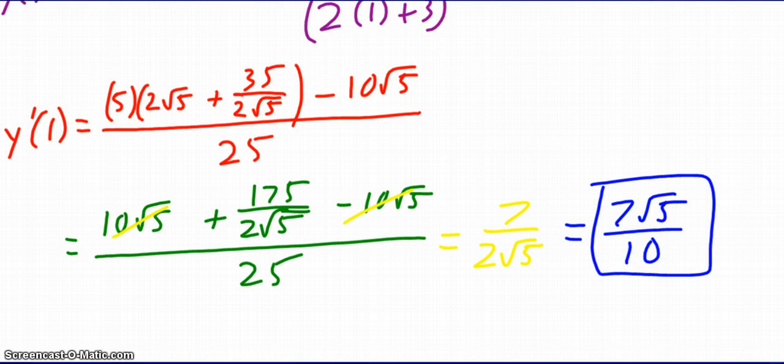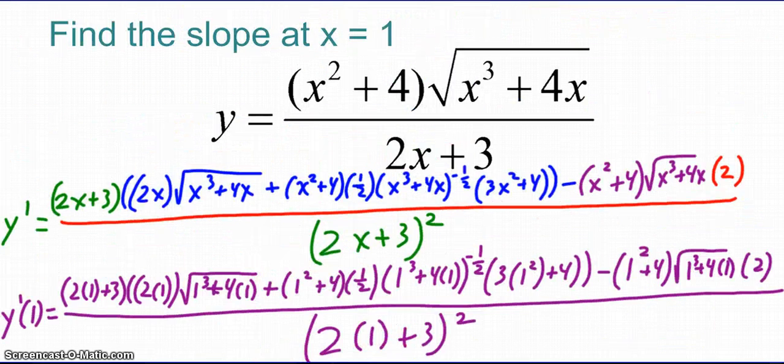So now let's look at how we got that. We have to use the quotient rule, the product rule, and the chain rule, all in this problem. So first I do the bottom, 2x plus 3 times the derivative of the top. For the derivative of the top I have to use the product rule. So I did the derivative of the first, so the derivative of x squared plus 4 is 2x, times the second, so the square root of x cubed plus 4x, plus the first, x squared plus 4, times the derivative of the second, so here I have to use the chain rule.